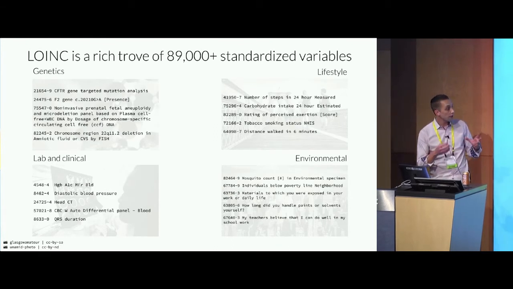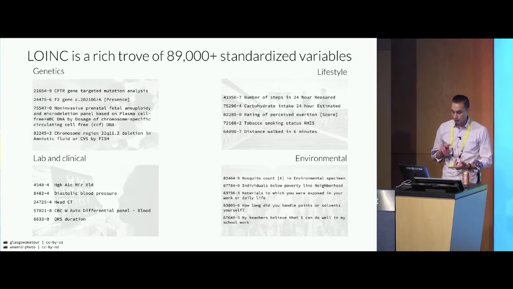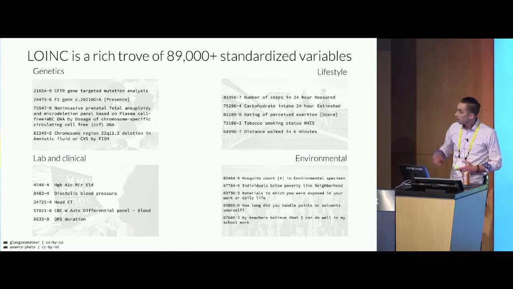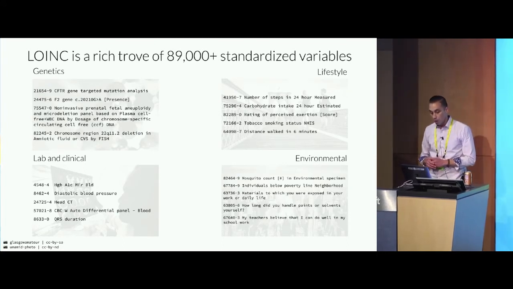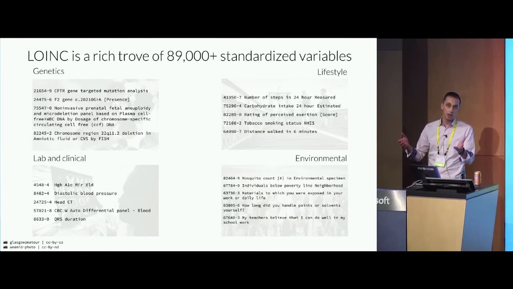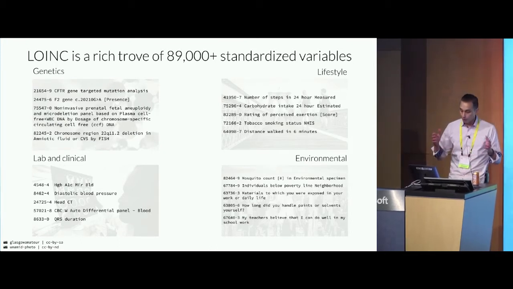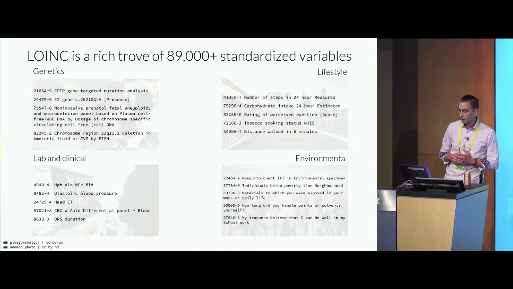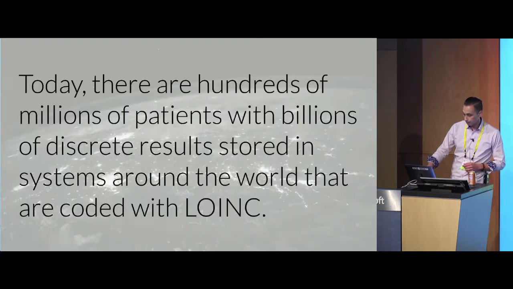The traditional laboratory clinical measurements, but also things such as clinical notes, report titles, radiology procedures, but even things such as lifestyle variables, activity measurements, etc. Or things where the unit of analysis is not a person, but potentially a population or a collection, perhaps a neighborhood, a block, a census block, etc. All those things are observations that we represent within LOINC.